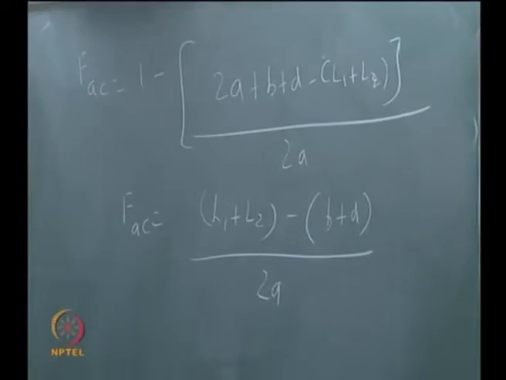So, for a general quadrilateral enclosure, this is the formula. This is called the Hottel's crossed string method.